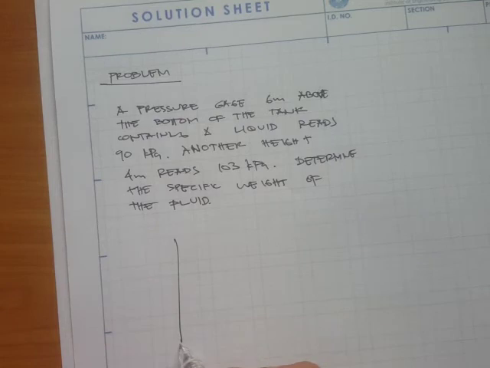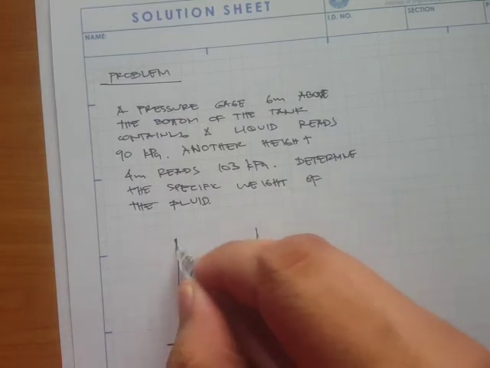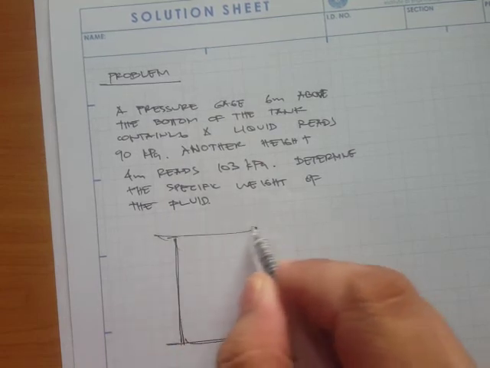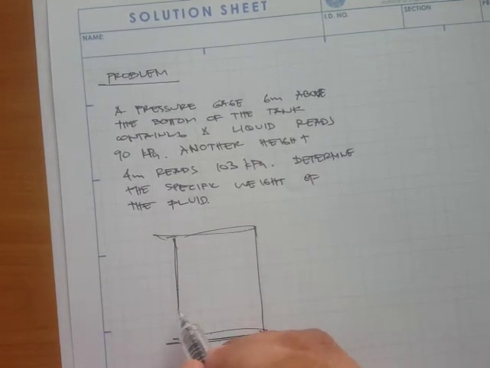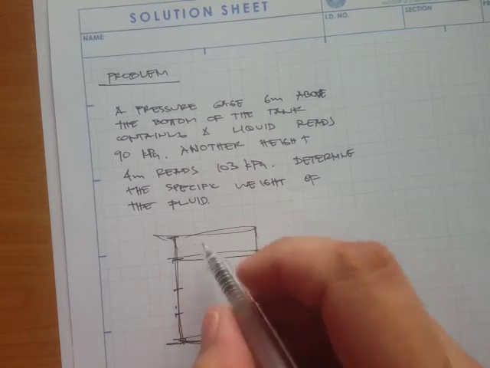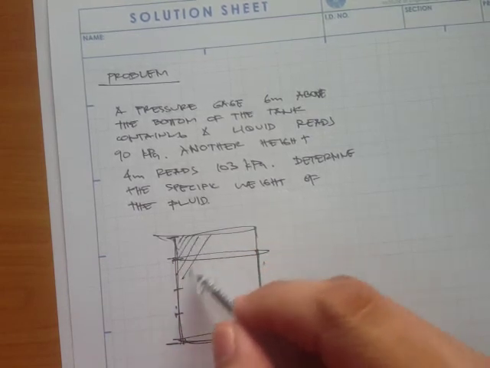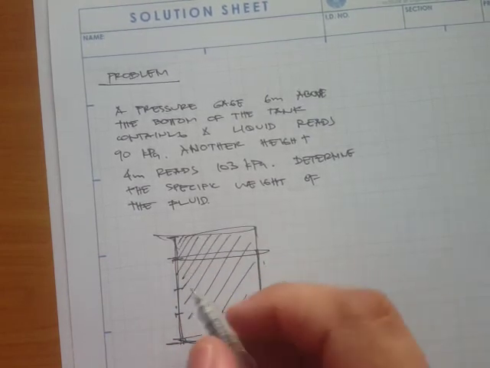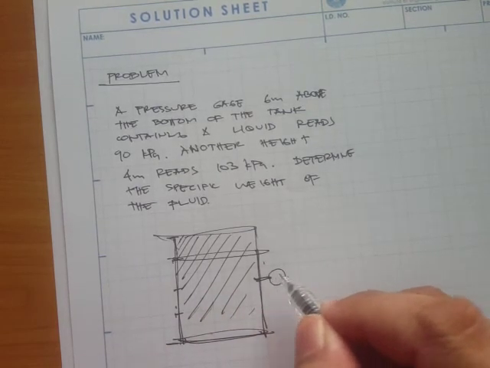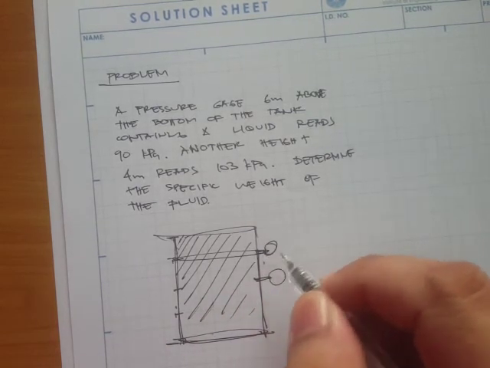Okay, so basically this problem is just something like this, and this is your tank, and it says here, let's say 2, 4, 6, 8, right? So for example, we have this fluid that's inside this container, and right here at 6 or at 4 meters we have a reading.